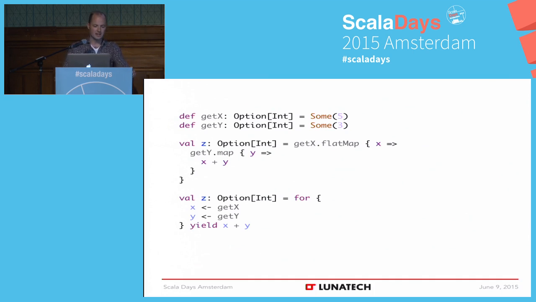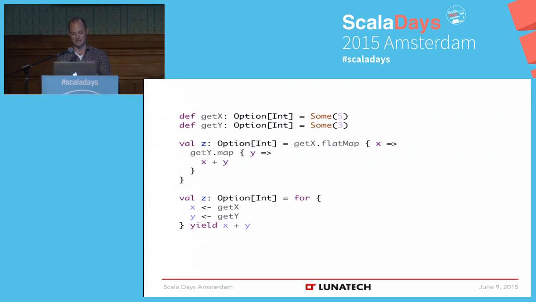And what's interesting here is that this doesn't just work for options, it works for anything that has the necessary methods that the for-comprehension desugars to. So in the cases that I'm using, that means the objects need to have map and flat map methods. Well, we're familiar with some objects that have map and flat map methods: option, future, list, etc. So we can use all these in for-comprehensions.